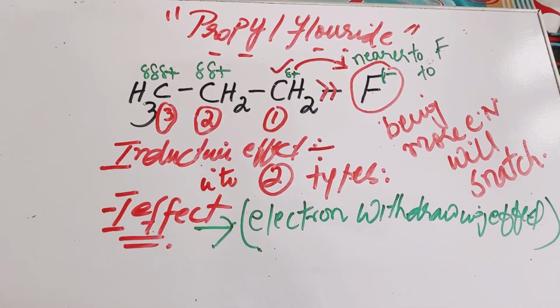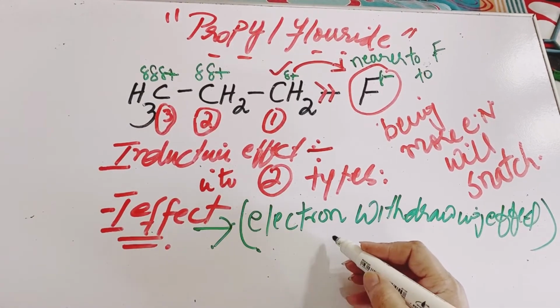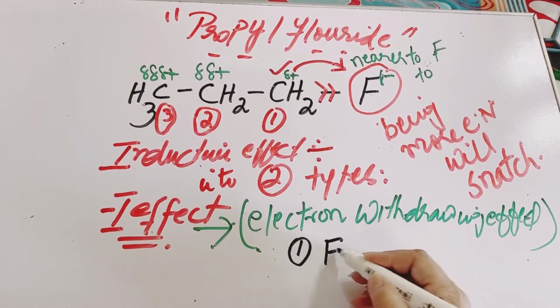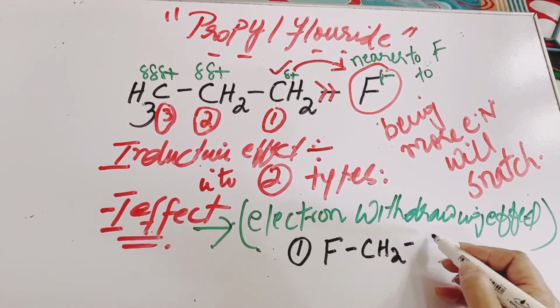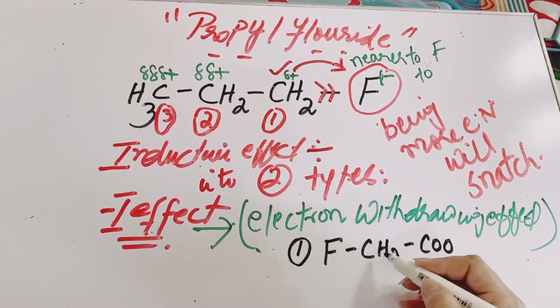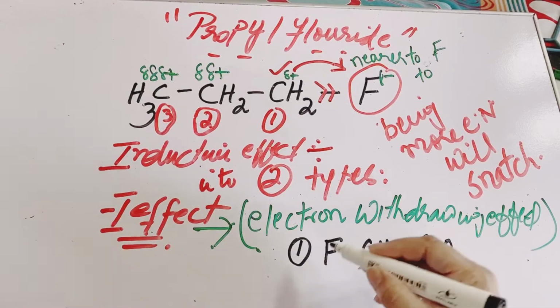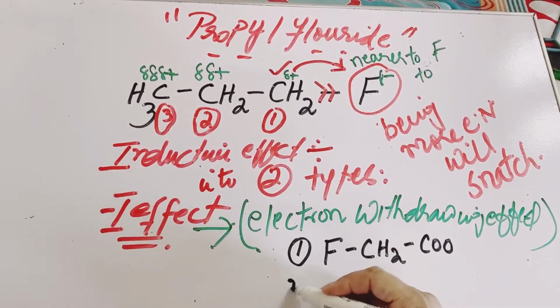I should start with a new color. First, number one is F, CH2, COO. Now here this is F, right? As you know, fluorine is the most electronegative atom. Now I'll write down the next number.